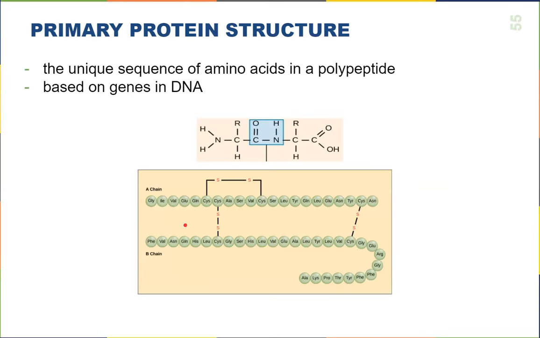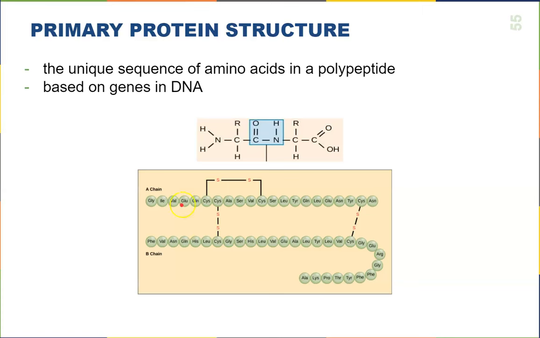So the first one is primary structure. Primary structure is the unique sequence of amino acids. So it's which amino acid are we using, and then what order is that amino acid in with the other amino acids. Remember, we had a lot of different amino acids. There were polar, there were nonpolar, charged, and so on and so forth.